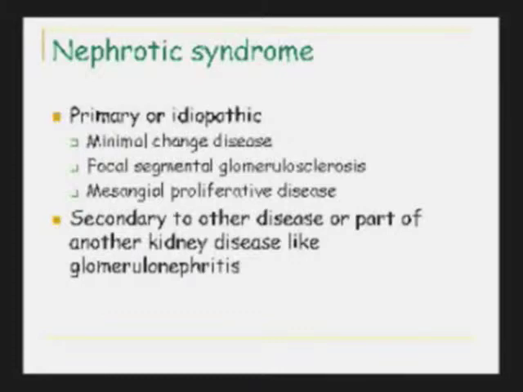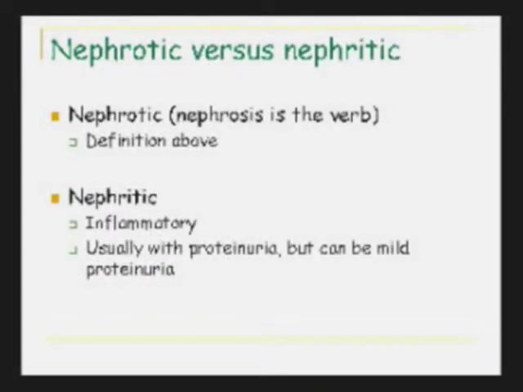There are also a lot of secondary situations where another kidney disease causes nephrotic syndrome, or there's a systemic disease like lupus that affects the kidneys and causes nephrotic syndrome. Just to make the terms more clear, nephrotic refers to nephrotic syndrome and this whole process of protein loss and edema. Nephritic means a more inflammatory renal disease, and generally with protein in the urine too, but not to the degree of nephrosis.